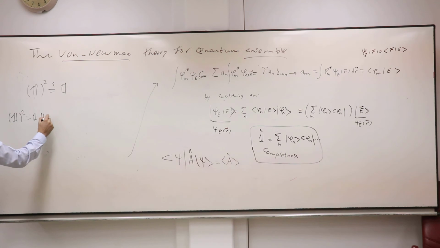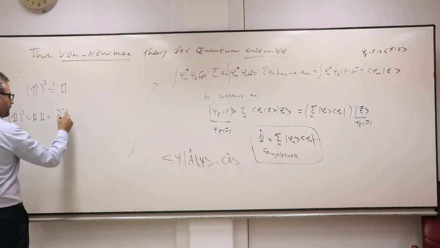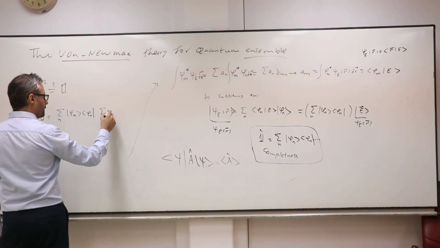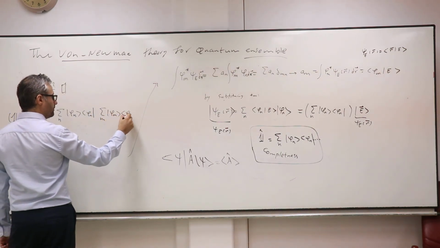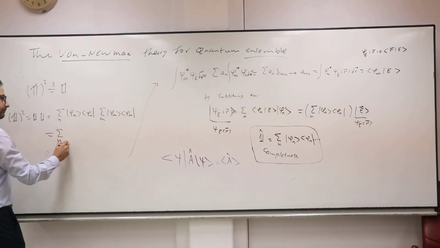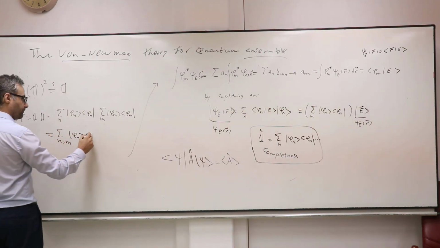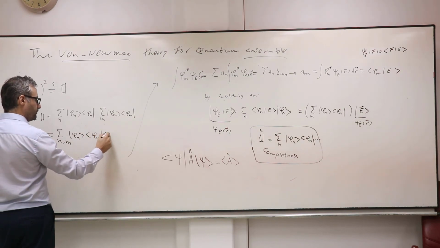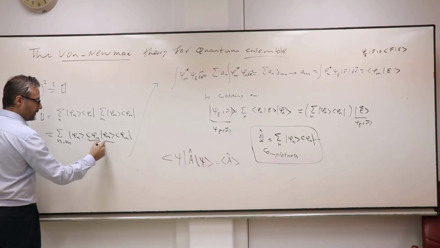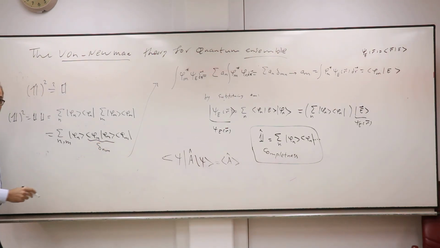So this is like phi n, phi n, phi m, phi m. This is the orthonormality condition, phi n and phi m.